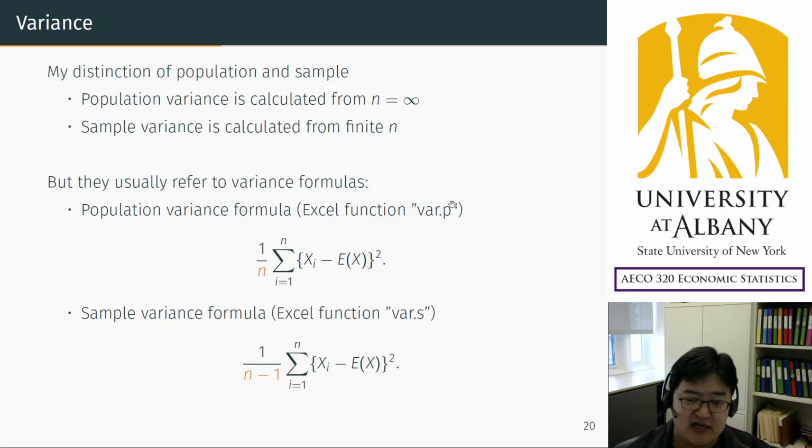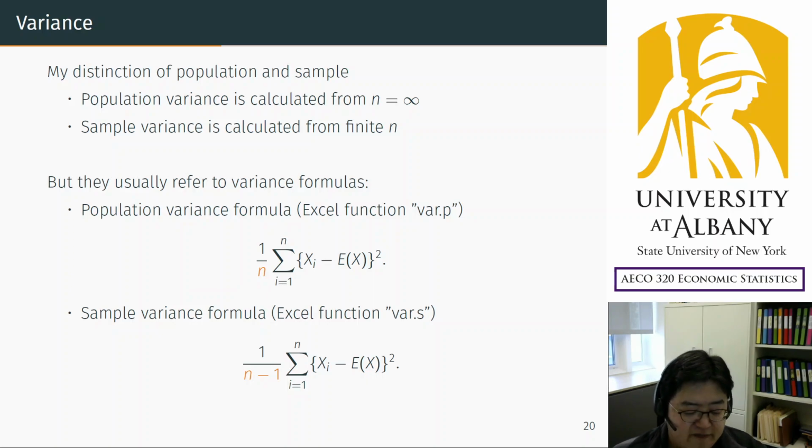So that means it is widely used, right? Excel has a built-in function for these two formulas. Another problem here, which I'm going to explain later, by the way: the names population and sample have nothing to do with the conceptual definition of population and sample.